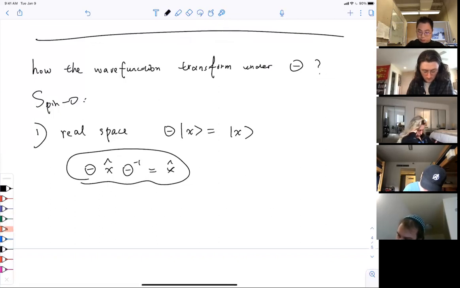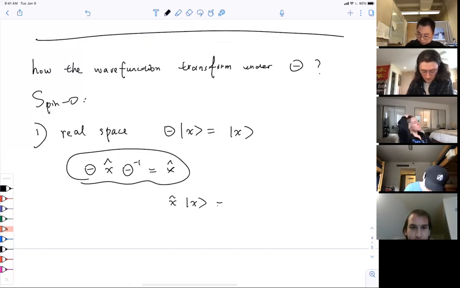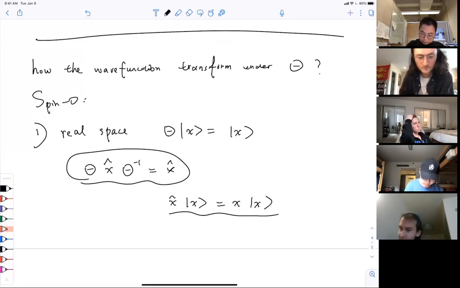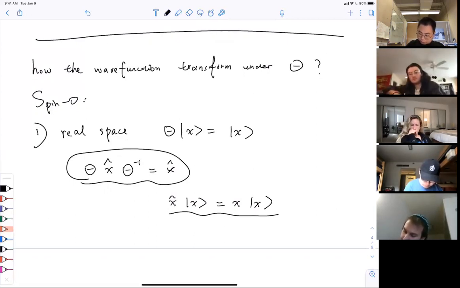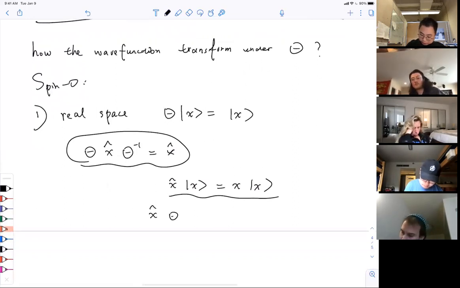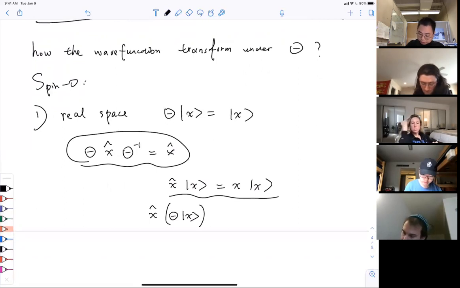X remains invariant under the time reversal operation. Now if we assume x equal to x, this cat x is the eigenket of the x operator. Now let's look at what this is.